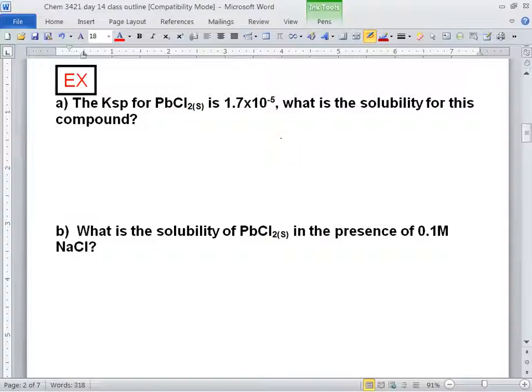So, Sabina, what do we do to figure this out? Set up that ICE table. Okay, and what's my reaction, Monica, that you would write? PbCl2 solid. Perfect. The arrows that go both ways. Yep.